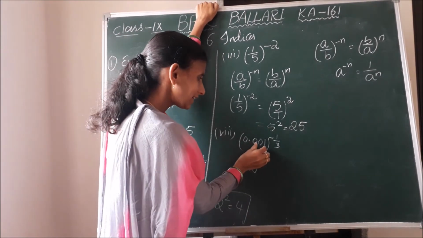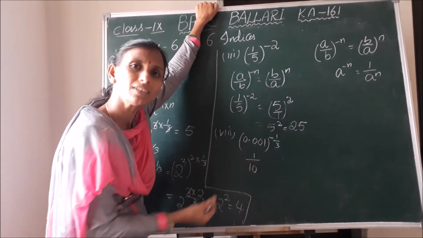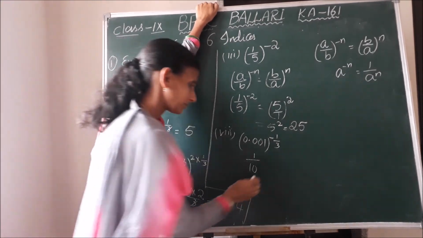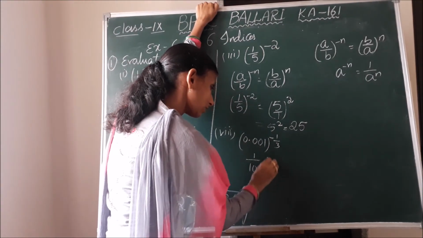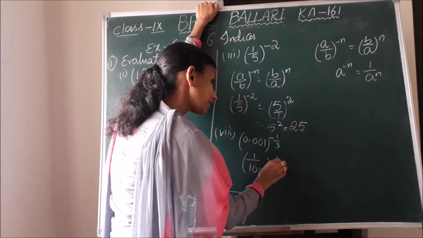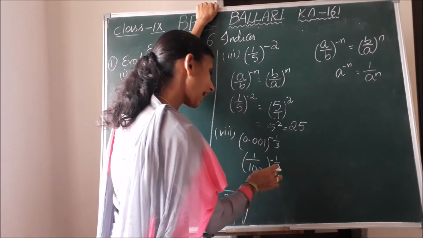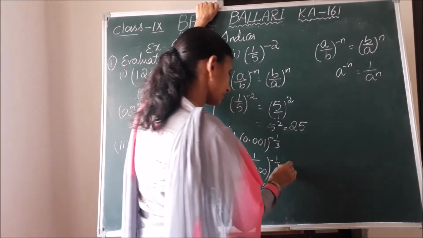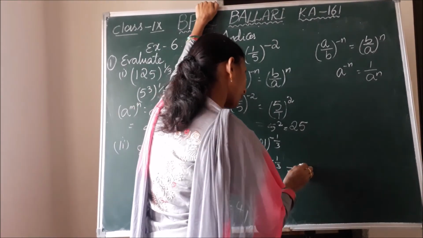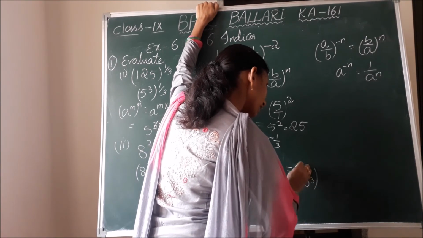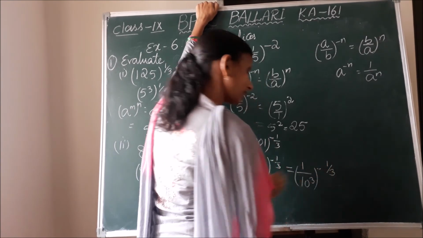See, there are 3 digits after the decimal point. So it is 1 by 1000. 1 by 1000 whole power minus 1 by 3. So now I am writing this as 1 by 10 cube whole power minus 1 by 3.